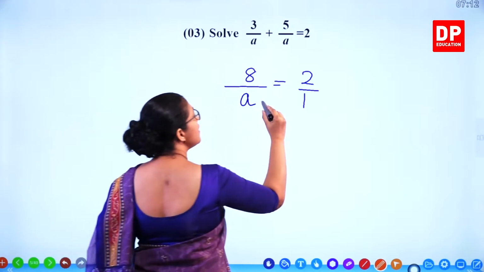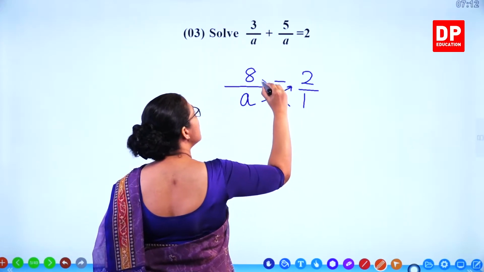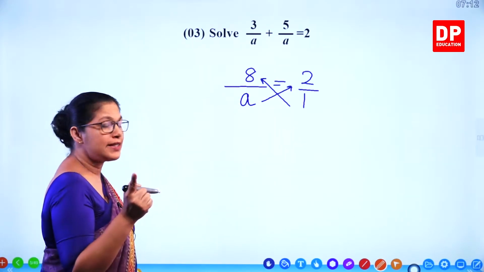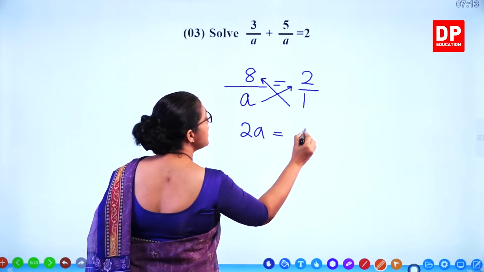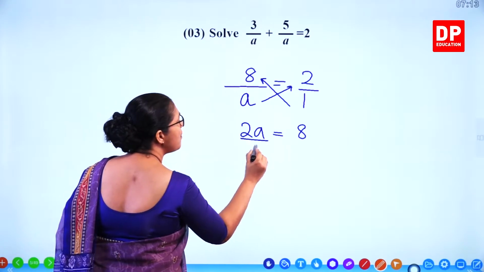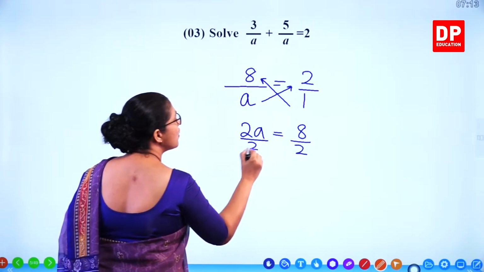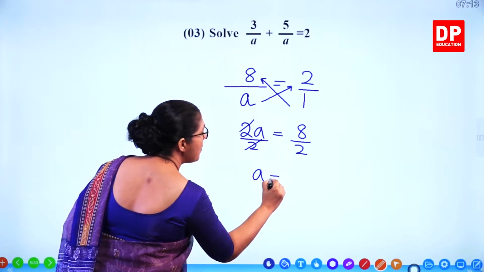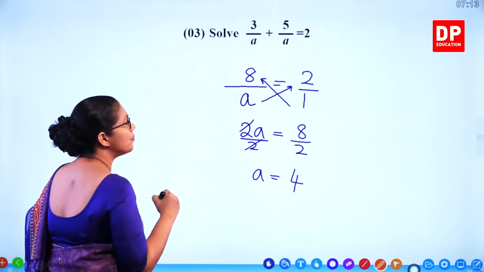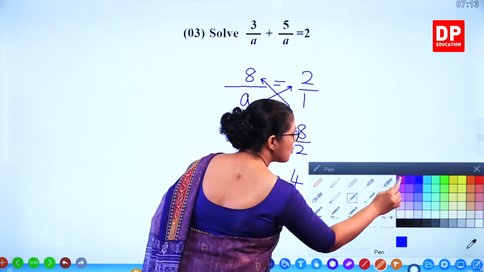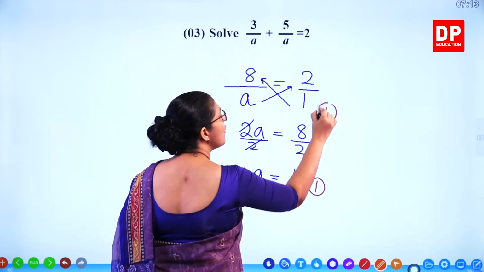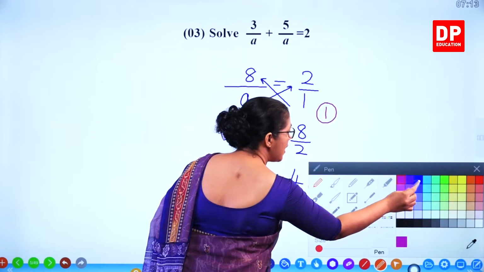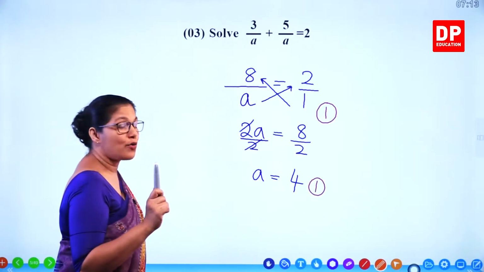Cross multiply to get 2 times A, 2A. 1 times 8, 8. Now divide both sides by 2 to get A value. So A becomes 4. 2 marks for that. So 1 mark for this and 1 mark for the method. Make sure that you write down the method.